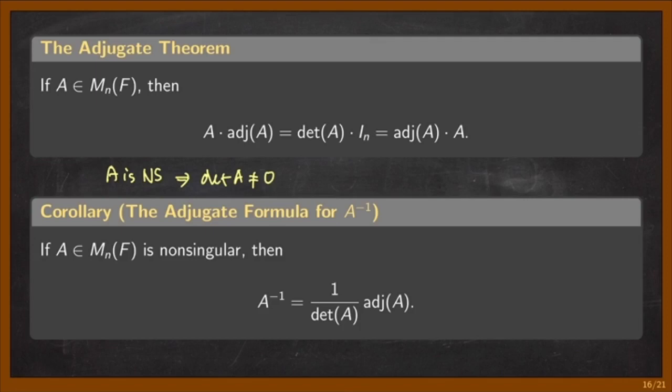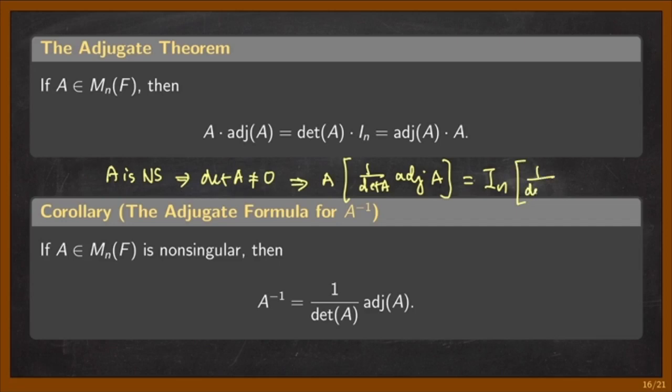Therefore, I can multiply this equation on every side by the reciprocal of the determinant of A. And when I do so, the scalar 1 over determinant of A can, of course, be just placed over here. This is just a scalar. What's left in the middle is just the identity.